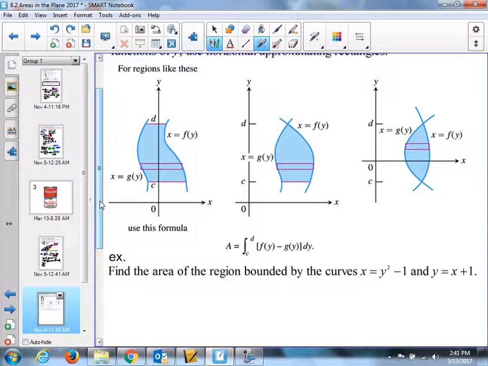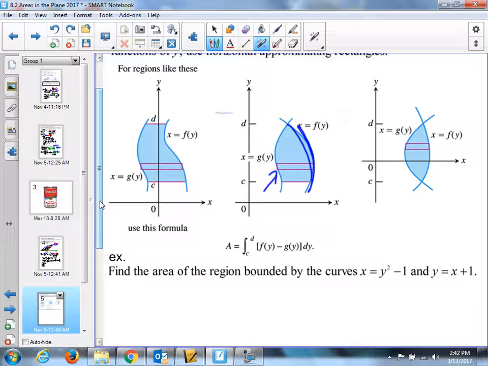And guess what? Think of the top function as the higher valued function, right? When we're talking about as a function of y, the x-axis is higher here and lower over here, right? So this would be like my top function here. This would be like my bottom function there, right?